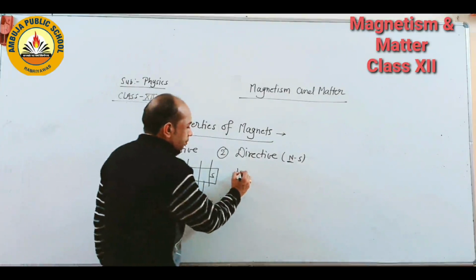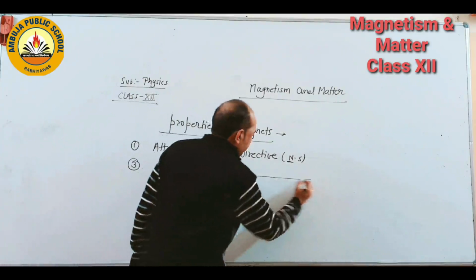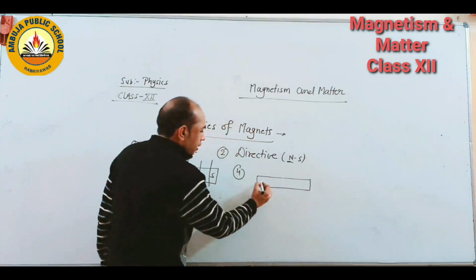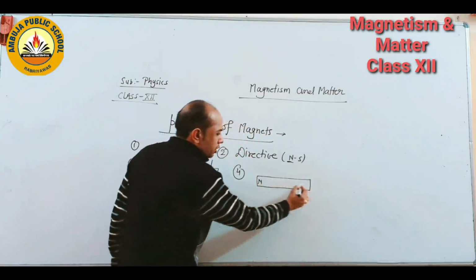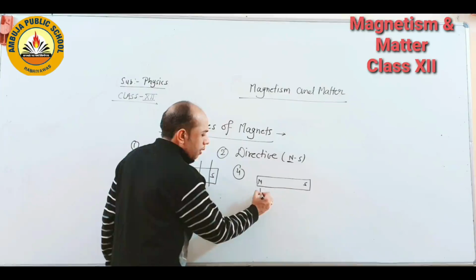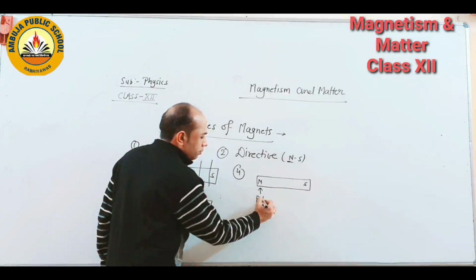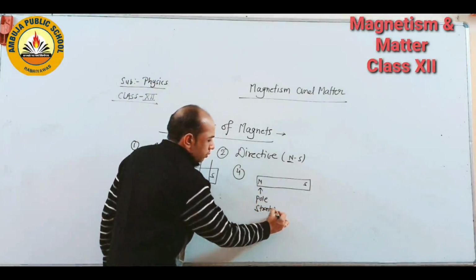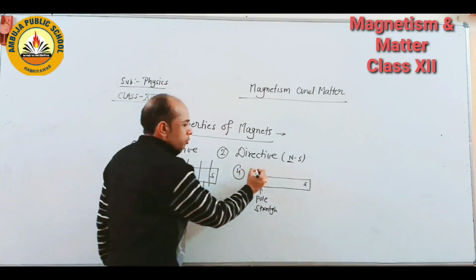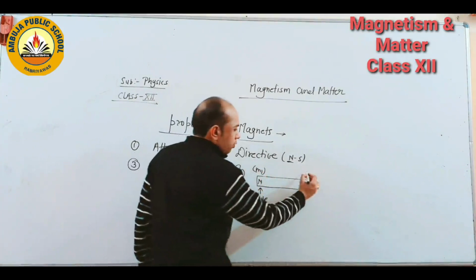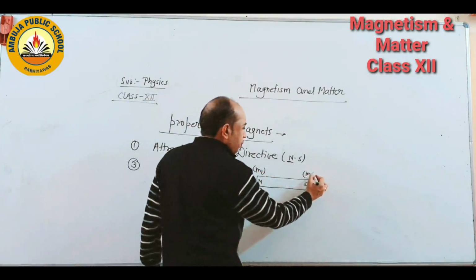Fourth one, in a magnet we have two poles, north and south. These are known as pole strength. And this pole strength is denoted by M1 for the north pole, and for the south pole it is M2.